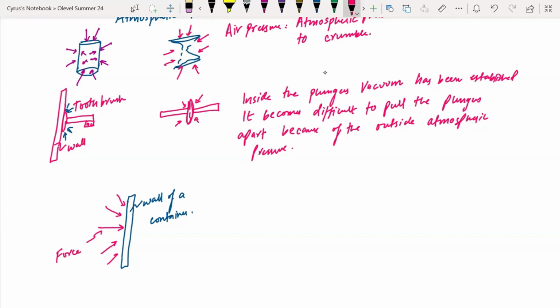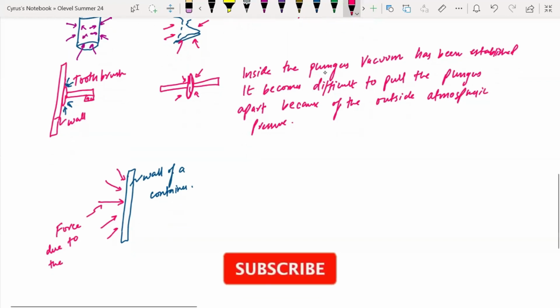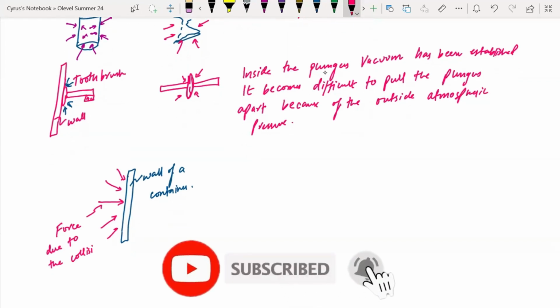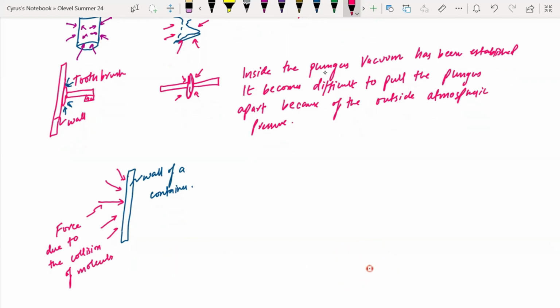So this is the force due to the collisions of molecules of air, and it is exerted on a certain area, right? There is some cross-sectional area. Okay.